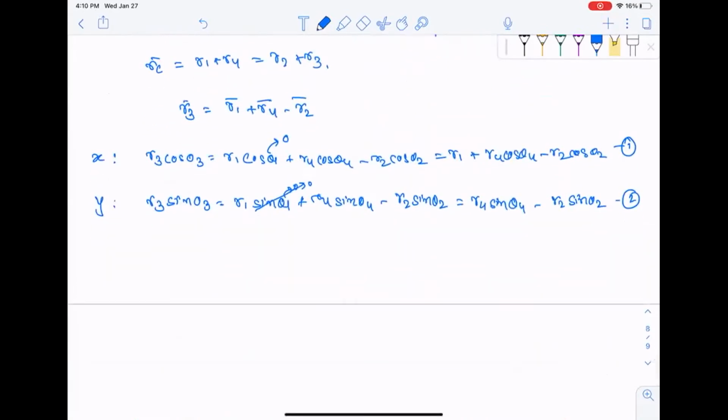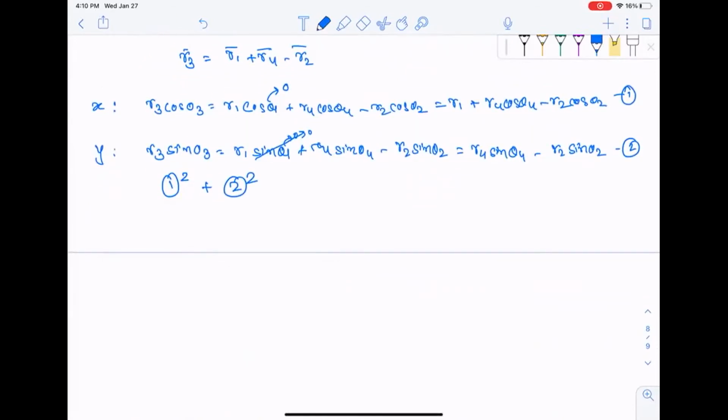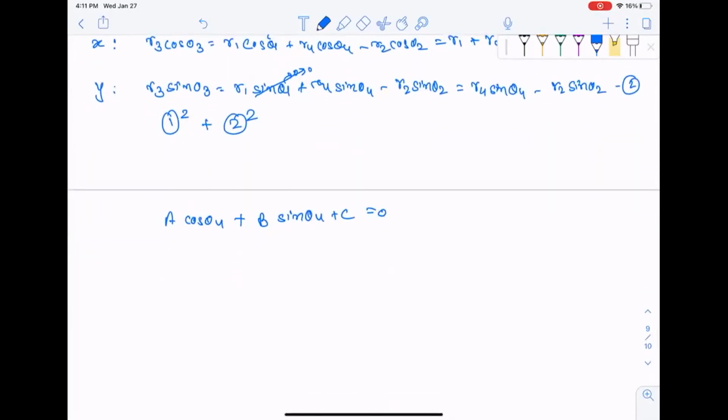To eliminate theta 3, what we can do is square the first, square the second, and add both of them. If I do that, my final equation would turn out to be a cos theta 4 plus b sin theta 4 plus c. As you know, I have already eliminated theta 3, so the variable of my equation will be theta 4. I am skipping some of the steps, but I would recommend you to go through all of them.